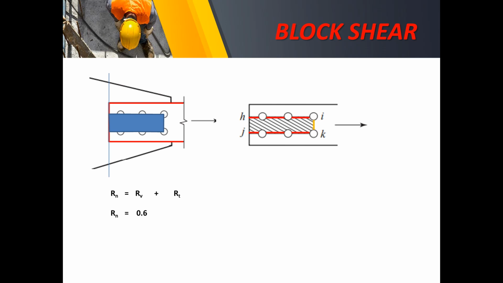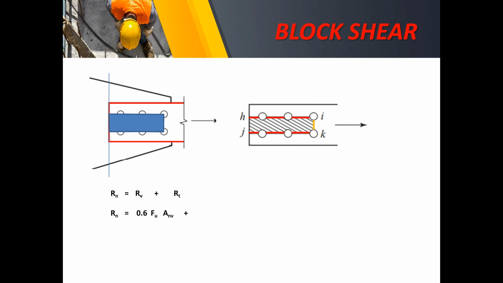Remember, in dealing with fracture, we deal with Fu, of course with the net area. So Anv is short for the net area from the shear. We add the effect of the tensile stress.